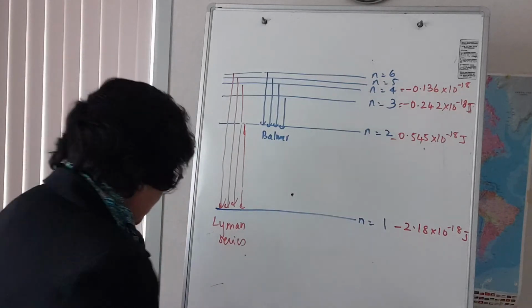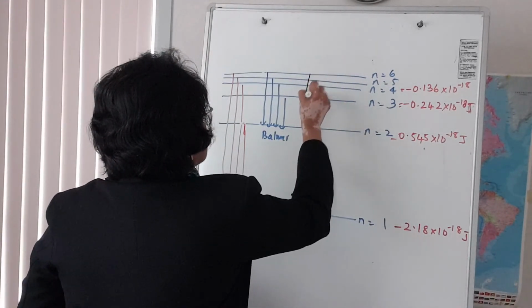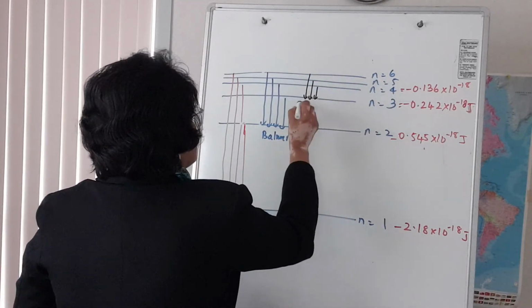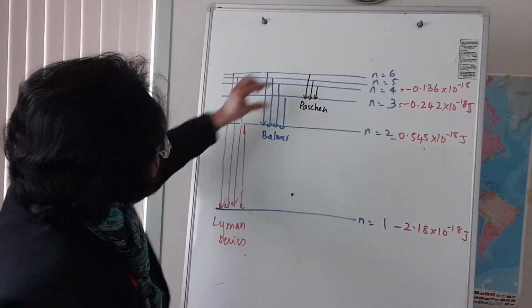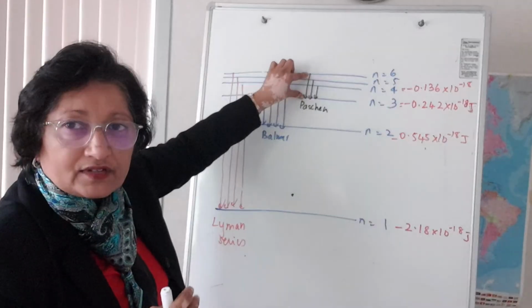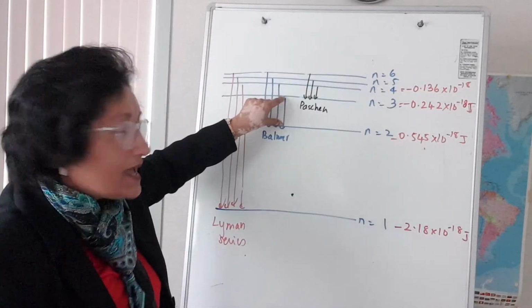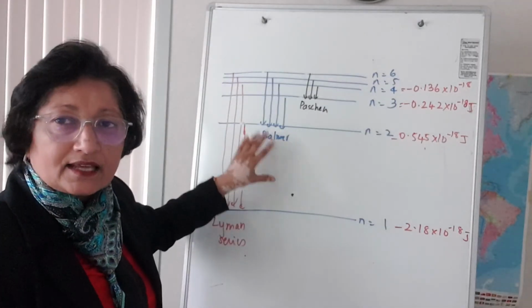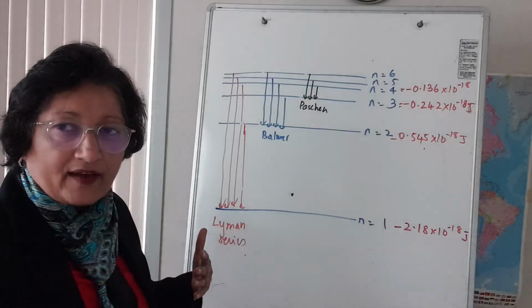And then any drops to level 3 is in the infrared part of the spectrum. So this is your Paschen series and so on. Again, the biggest drop to level 3 will be much smaller than the smallest drop to level 2. And that's why the infrared is quite distinct from the visible light, and the visible light is quite distinct from your ultraviolet light.